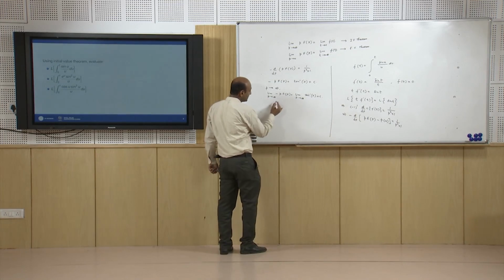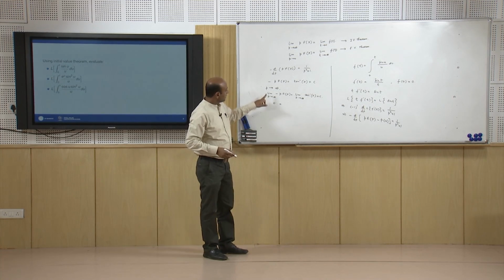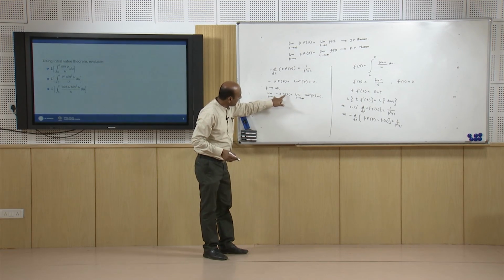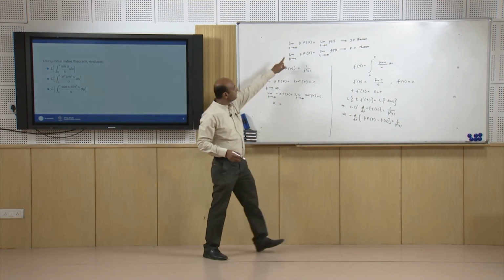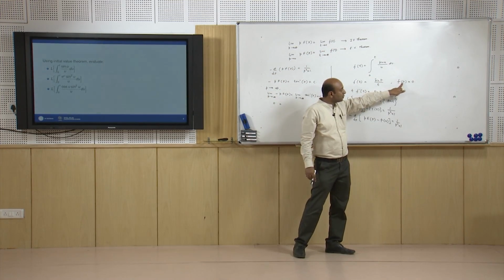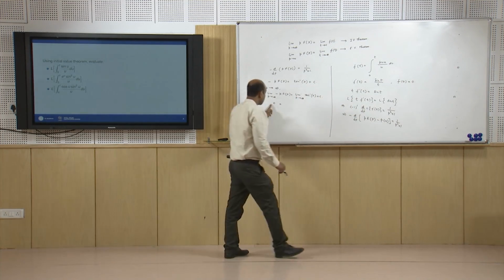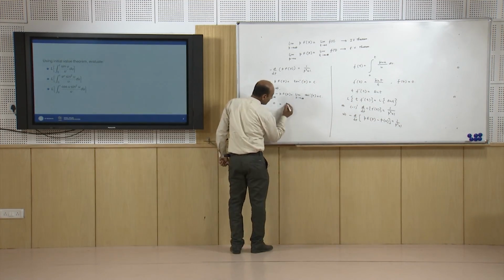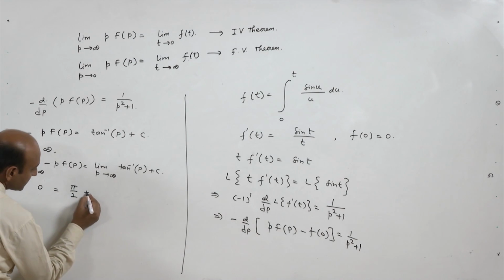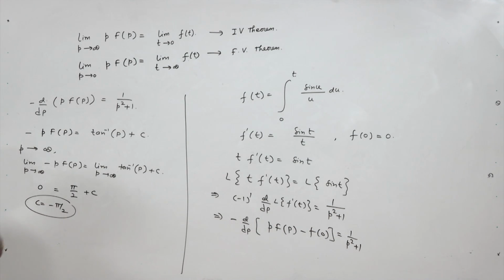So we can say that this is 0, because this expression p F(p) as p tends to infinity is nothing but limit t tends to 0 f(t), and limit t tends to 0 f(t) is f(0), which is 0. So this is 0 and this is pi by 2 plus c. So c is nothing but minus pi by 2.